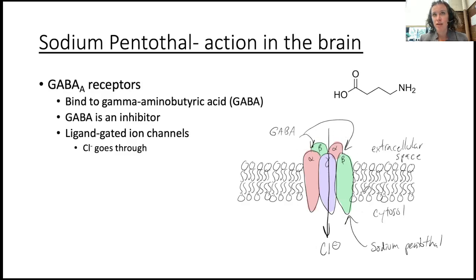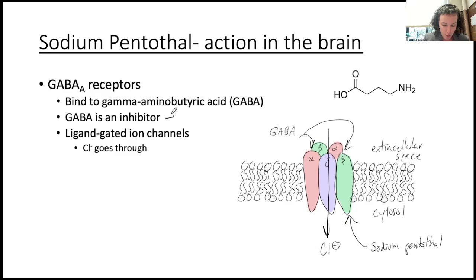I've shown you its picture here. It's a protein that's made up of these 5 different parts that sit in the membrane. And they're called GABA receptors because they bind to gamma aminobutyric acid, which for short is just called GABA. GABA is an inhibitor, right?